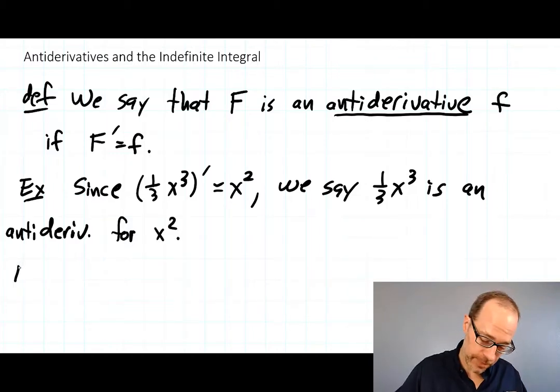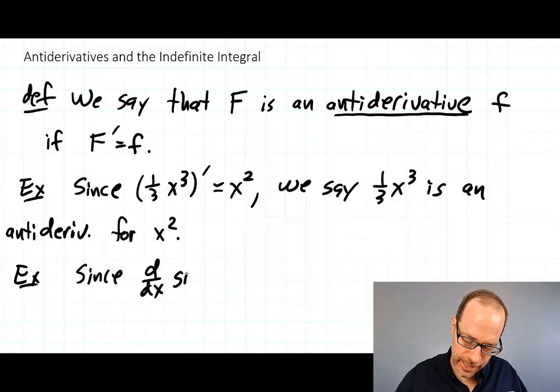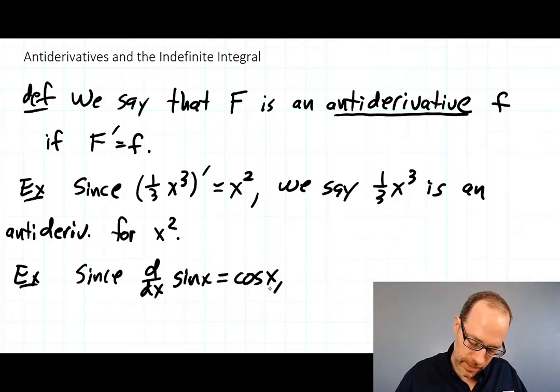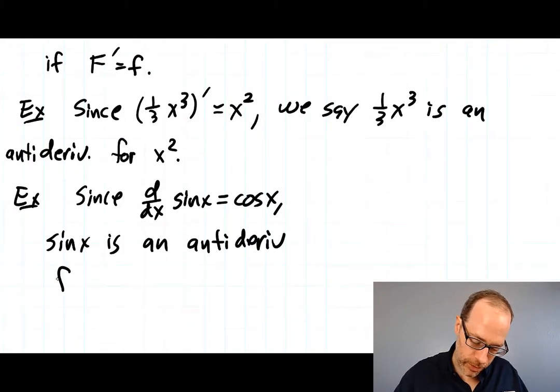Okay, another example. Since the derivative of the sine is the cosine, sine of x is an antiderivative for cosine x.